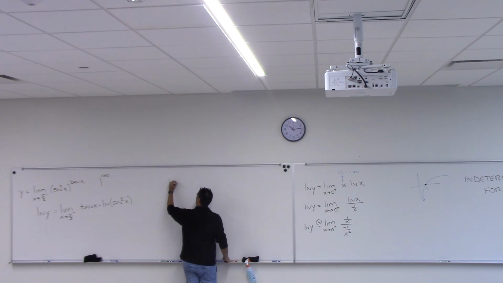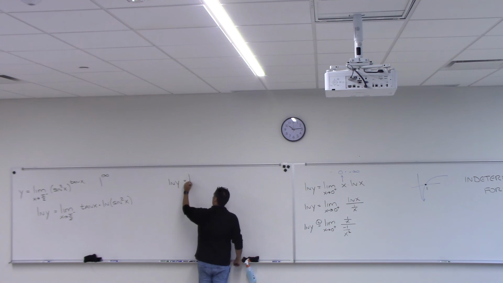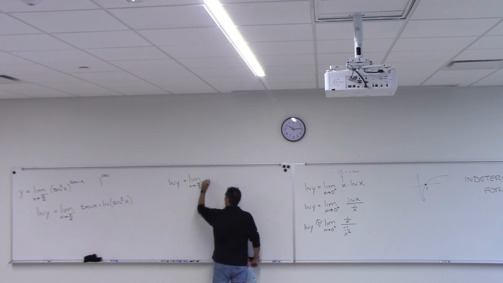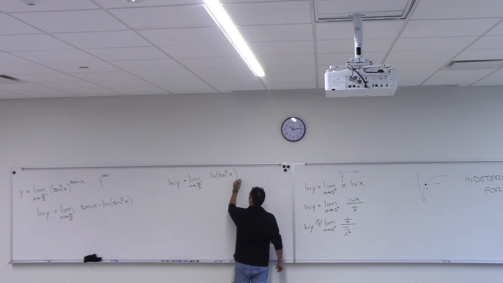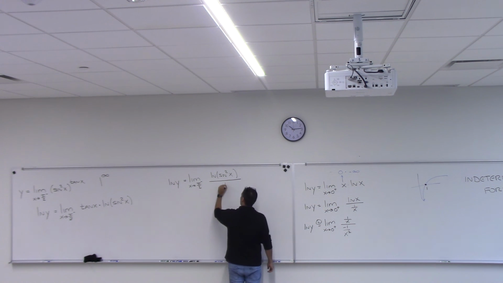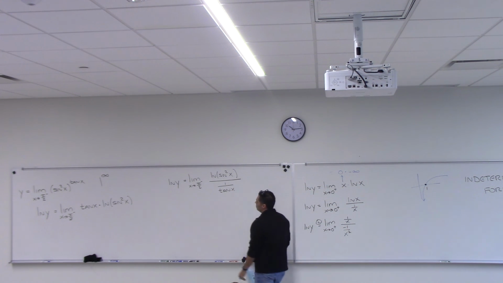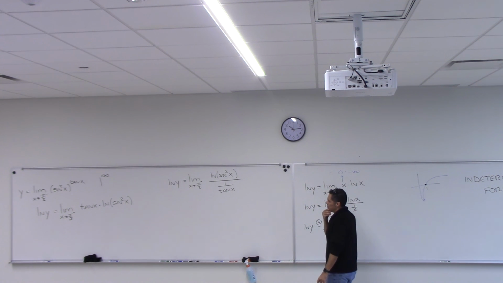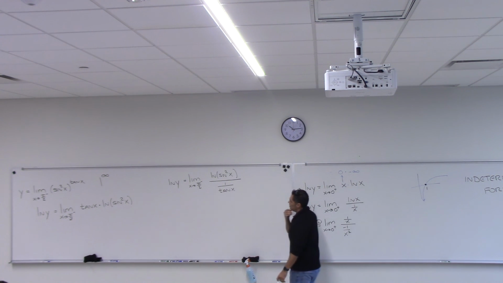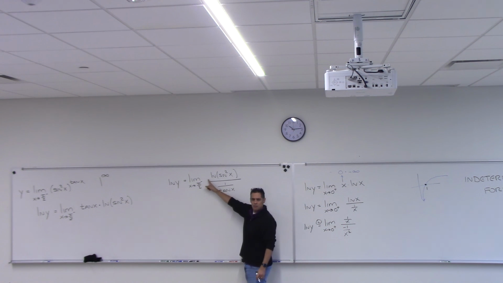So natural log y equals the limit as x approaches pi over 2 from the left of natural log of sine squared x times 1 over tangent x. I'm just realizing something. Can we pull the 2 out front of the natural log?